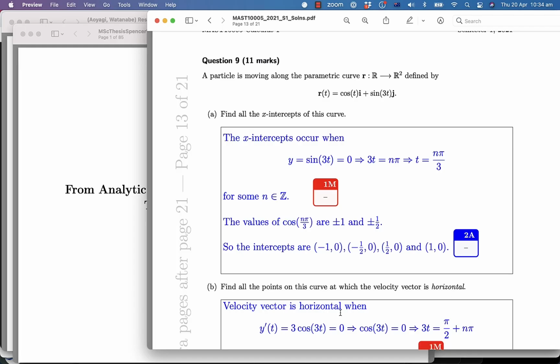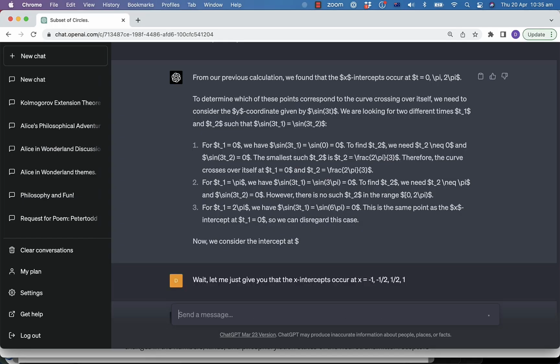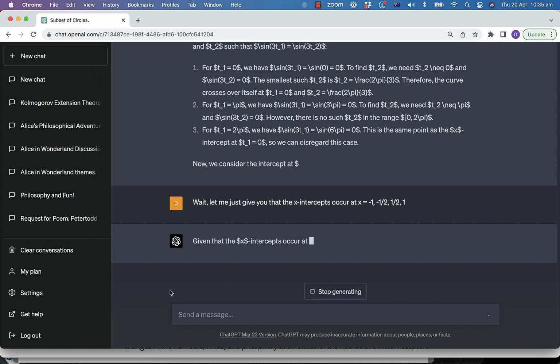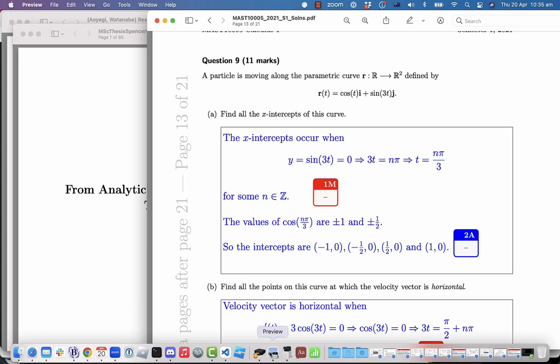Okay, I think this is more to do with the limitations of the memory. Okay, so let's see how it goes.